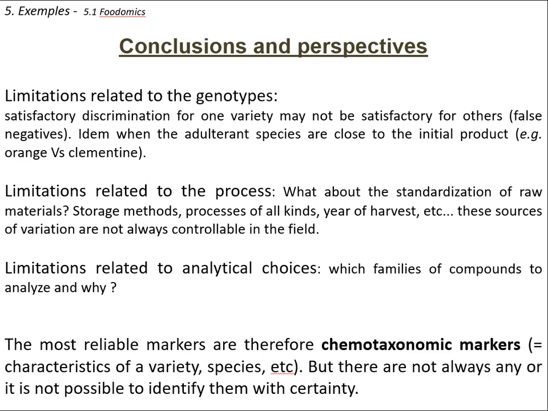So if you find certain types of phenylpropanoids in orange juice, and you know that the pathway that can produce this phenylpropanoid is not in the orange, not in its genome, then you can infer with a very high level of certainty that this orange juice has been altered and adulterated.